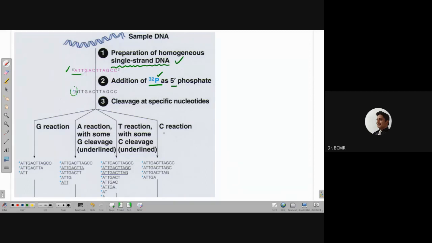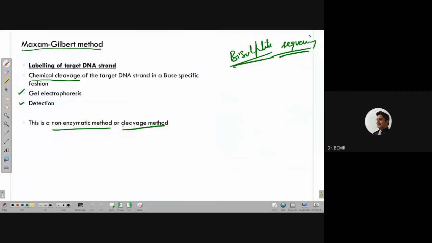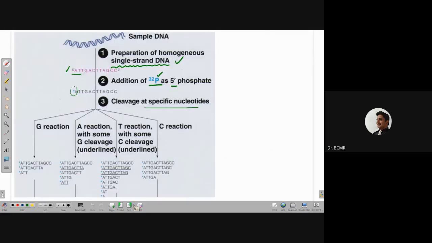Next important thing in this method is cleavage at specific nucleotides. Remember, this is the cleavage method, also called the non-enzymatic method, as opposed to Sanger's method. There are four different types of reactions chemists have come up with, where one is G specific.